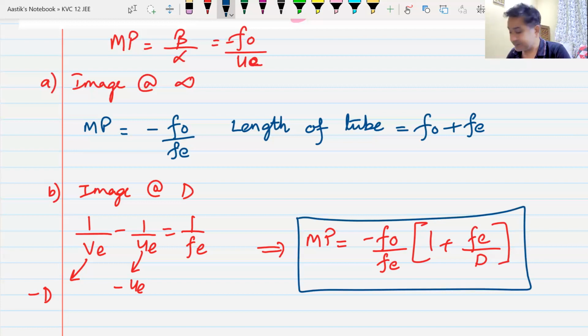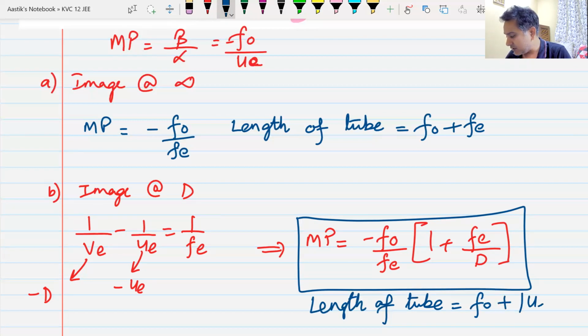This is the magnifying power, and the length of the tube in this case, as always, is equal to f naught. F naught is fixed because the first image is coming at f naught plus the magnitude of UE. Why am I writing the magnitude? Because UE is negative, that's why.